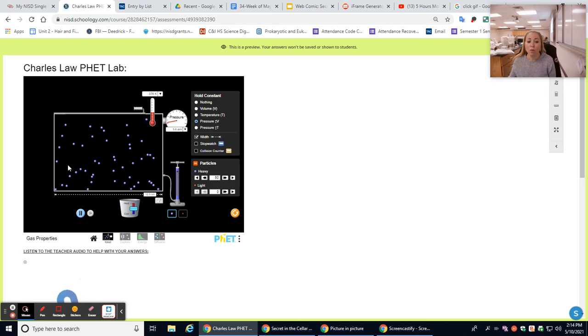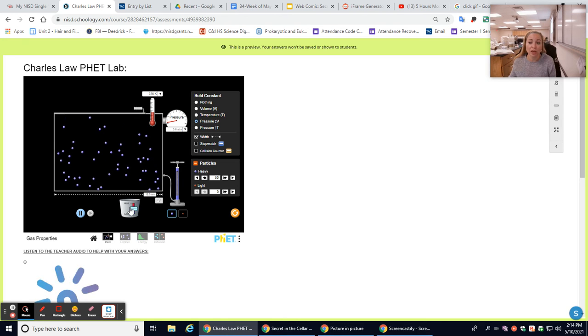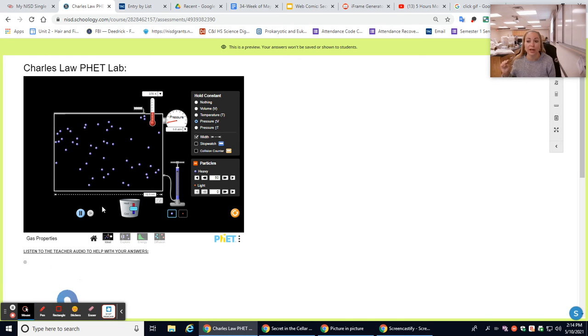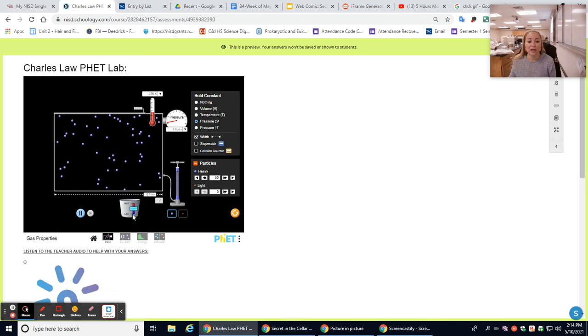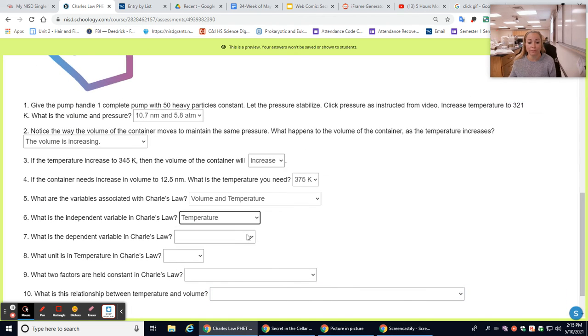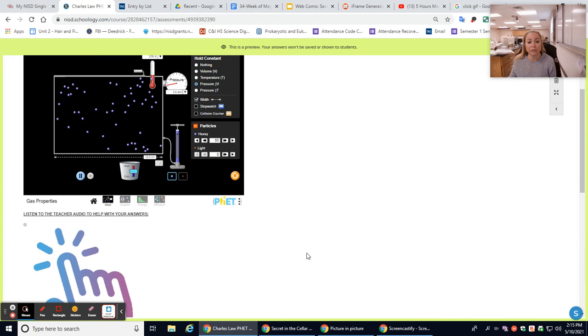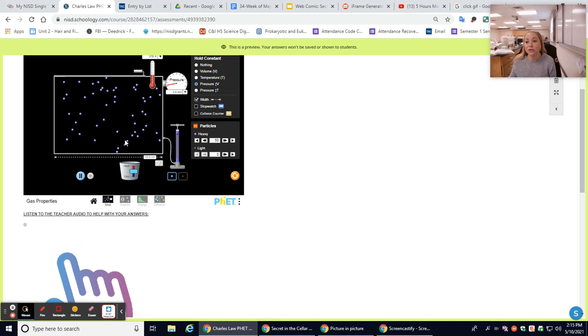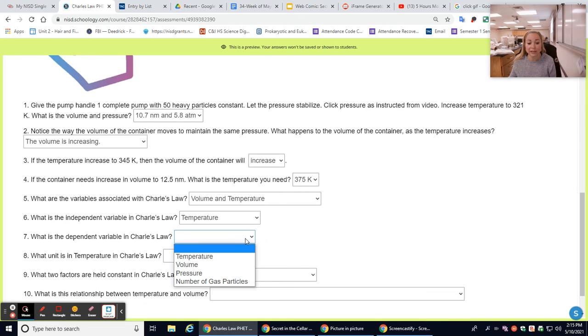Why? Because in this situation, we're manipulating temperature, and you can only have one manipulation at a time in any experiment. Since you're changing the temperature, that's your independent variable. The dependent variable is the volume, which moves according to how you move the temperature. So the volume is dependent on the temperature.